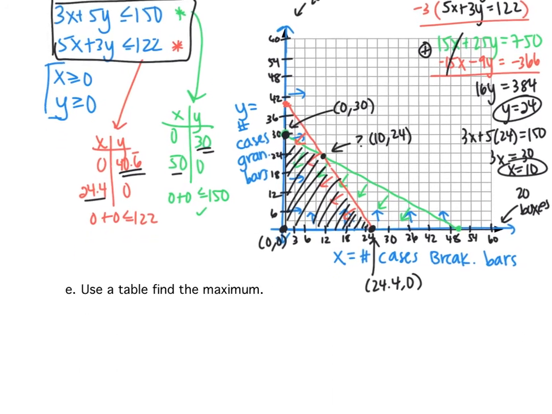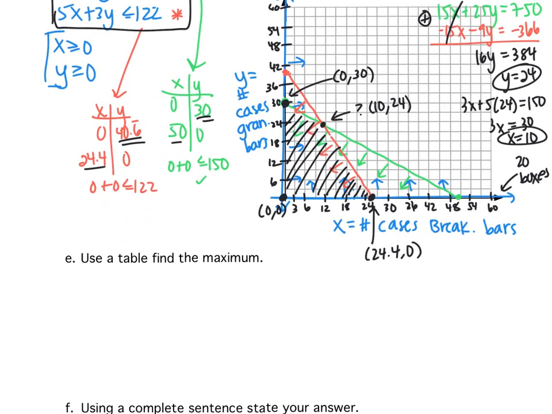Okay, we're almost done. Now down to part E, we need to use a table to find the maximum. So this is going to be the same way we did the table before. One side will be x, y. The other side will be in terms of our objective function, which if you remember was 45x plus 60y.